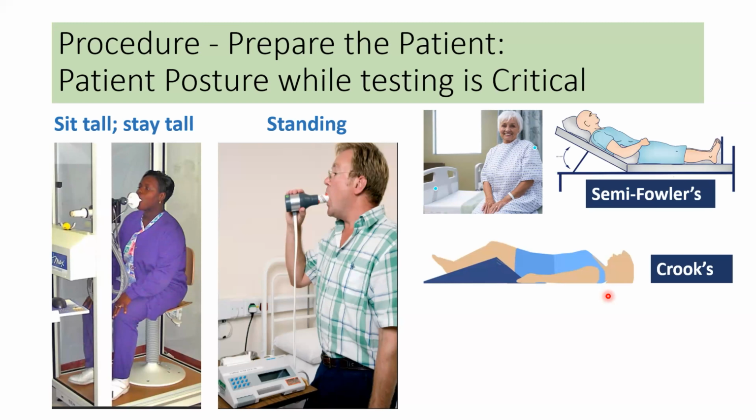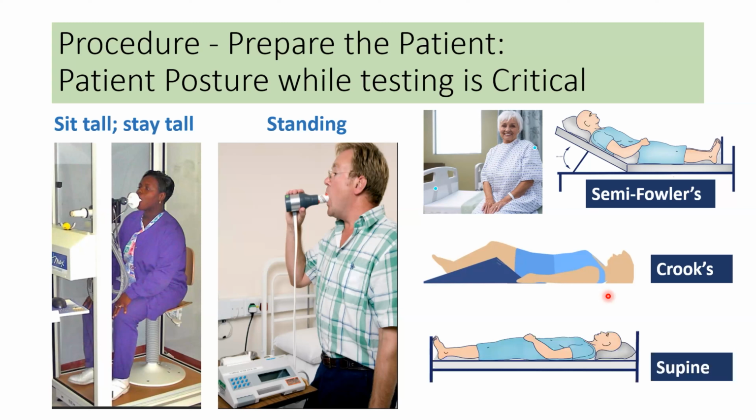However, for subjects with tetraplegic spinal cord injuries, the FVC and FEV1 were higher in supine than in sitting. So any position other than sitting needs to be documented in the comments.